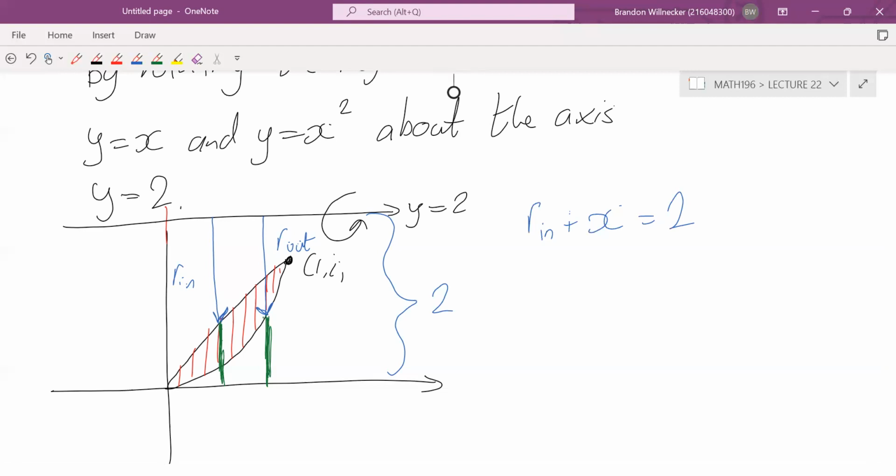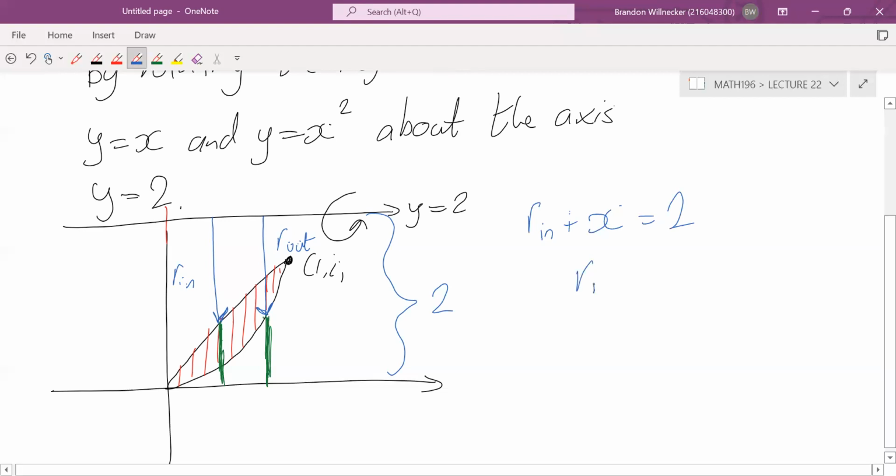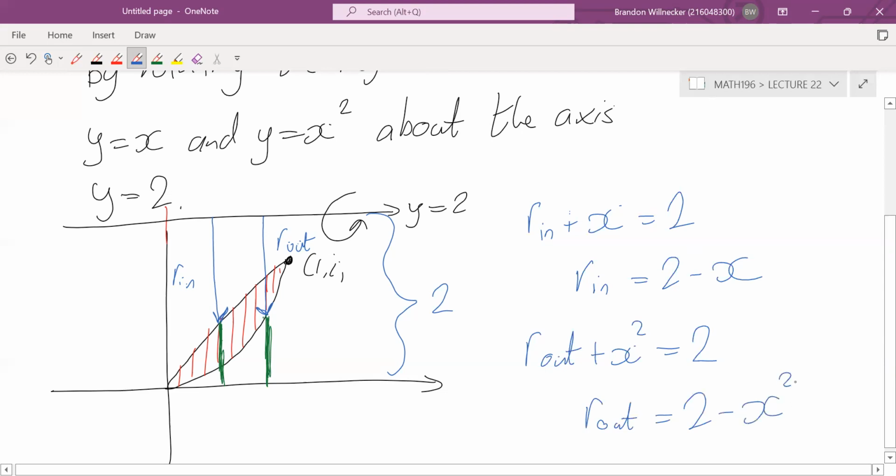Okay, so that means the distance is going to be 2 minus x. Okay, what about the outer radius? R out plus x squared must also be equal to 2 because it covers the full distance. So that means r out is going to be 2 minus x squared. Okay, so that's that distance in blue there.